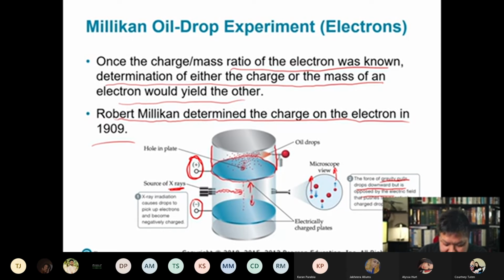But it also makes sense because since the electrons are negatively charged, not only would they be attracted to the top plate because the top plate is positive, they're also being repelled from the bottom plate, because particles of the same charge repel each other. Since the bottom is negative, it's going to repel those electrons.